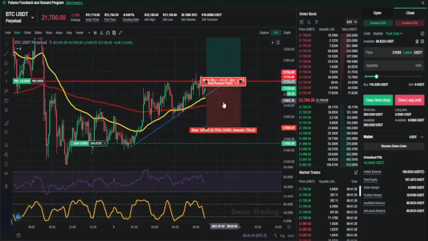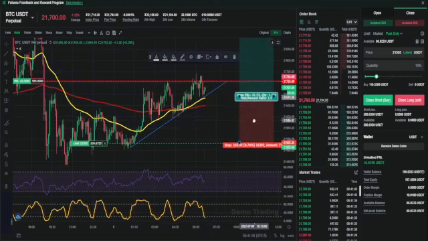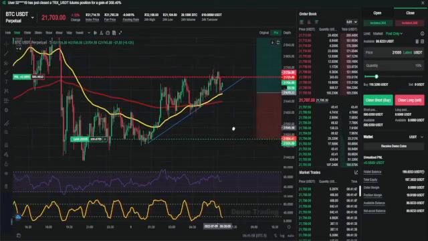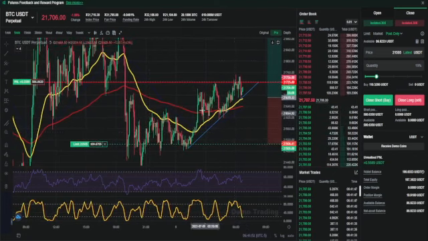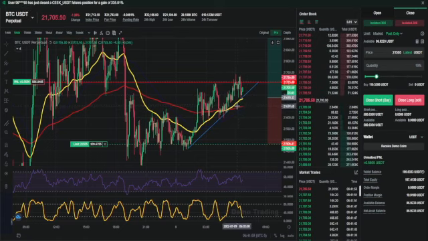But in this particular instance, we can see in the overall chart here that the 50 line has just crossed over the 200 line, and this is what they call, I guess, a golden cross.